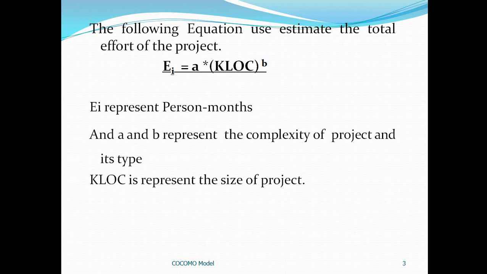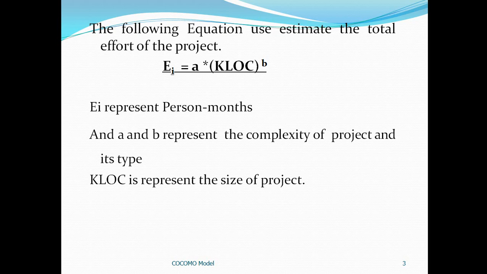The following equation is used to estimate the total effort of the project, which is E = A * (KLOC)^B. E is represented in person-months. This person-month may be salary, which may be in dollars or in rupees.